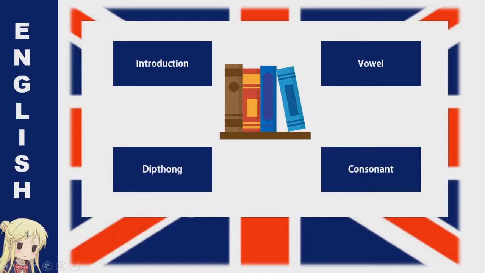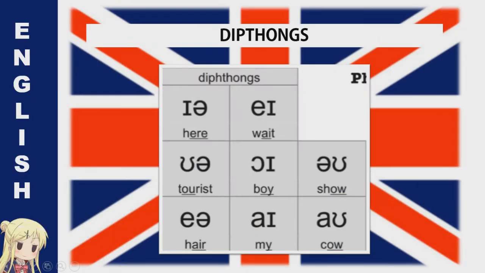So you can see that after the vowels we have diphthongs. What is a diphthong? A diphthong is a sound that changes from one vowel to another vowel, but still in the same syllable. It's like the oi in boy.